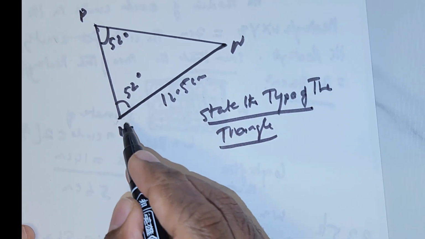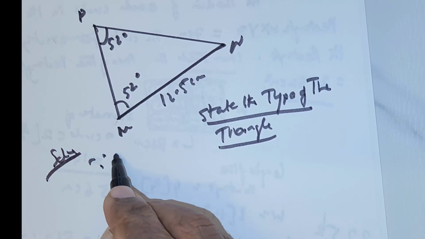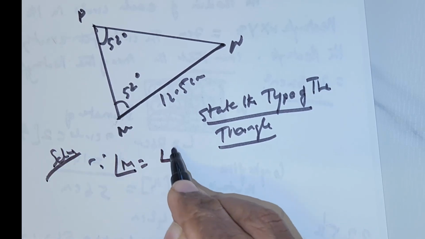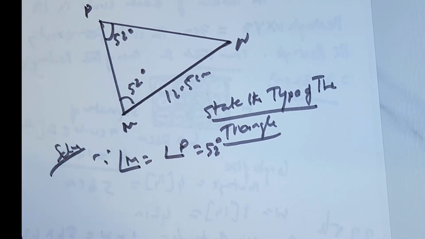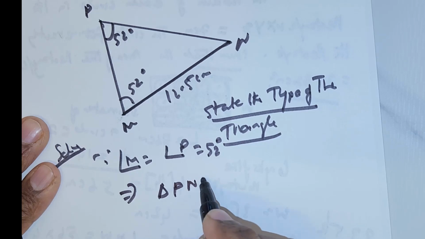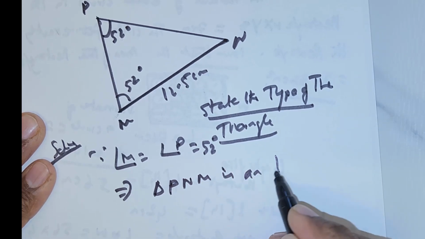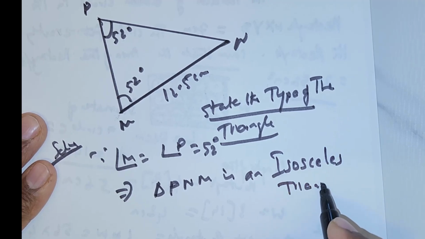So the solution is this is the answer. Solution. Now since angle M is equal to angle P is equal to 52 degrees, we have two equal angles, right? So this means triangle PNM is an isosceles triangle.